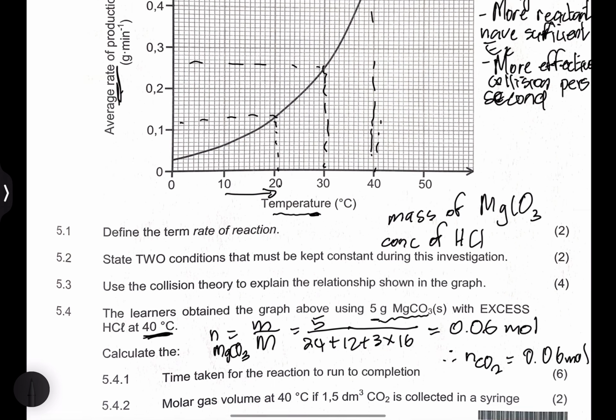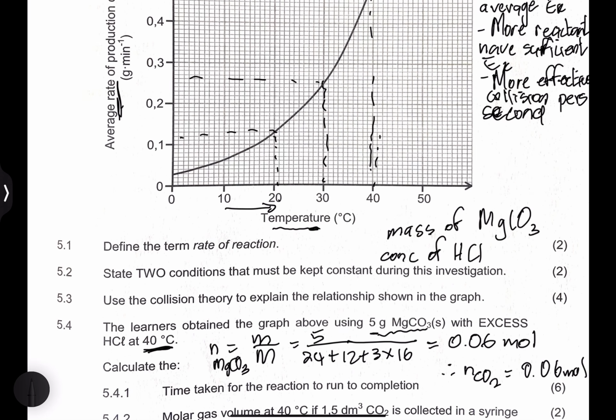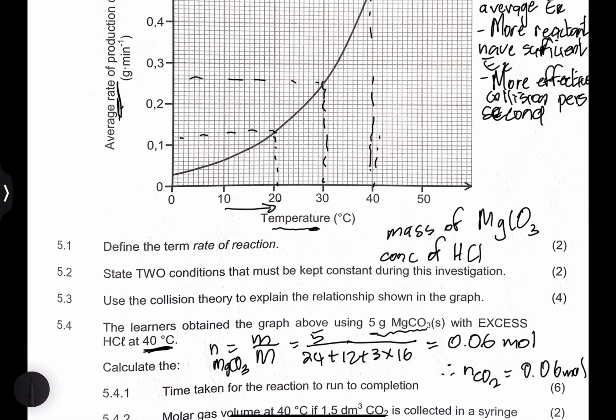Now I'm scrambling for space here, just trying to show how we'll be able to obtain that. Sorry if it looks a little bit clumsy. In fact, I would have actually taken some more time so that I can get some more space rather. So now that we've got 0.06 moles of carbon dioxide, would it be possible for us to obtain the mass?